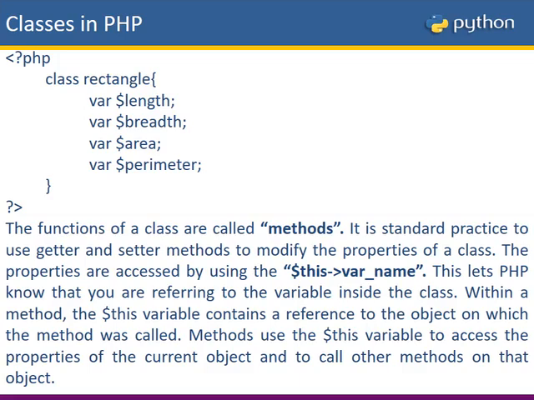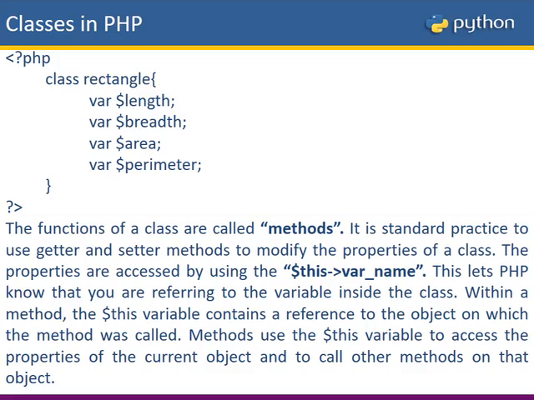The class contains the properties, that is variables, like length, breadth, area and perimeter, and we have the methods as we continue in the example code.